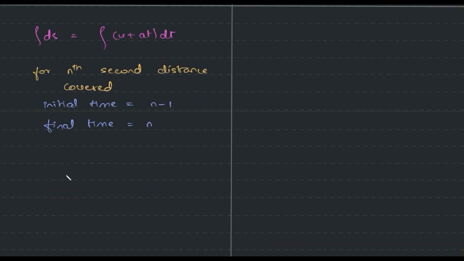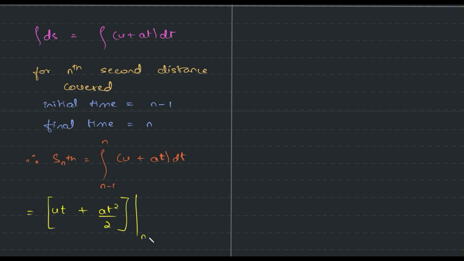And ds is nothing but, therefore s nth is equal to, there's no other option, it has to be so, the integral from n minus 1 to n of u plus at dt. So on integrating, you will end up with ut plus at square by 2, and we have to substitute n minus 1 and n in place of t.